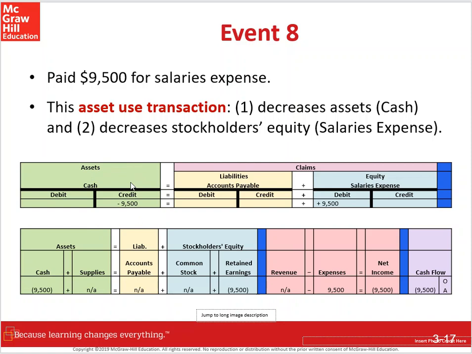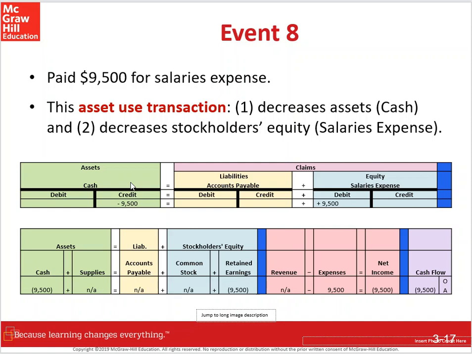But I want you to be comfortable with why. When we record an expense like salaries expense, we're causing net income, retained earnings, and owner's equity to all decrease. So a decrease to owner's equity is a debit.